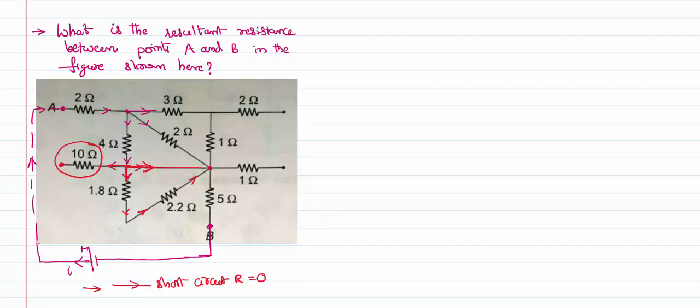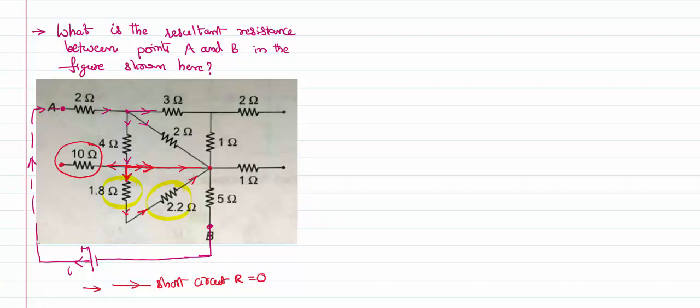That means the entire current travels this way, but no current travels through this 1.8 ohms and 2.2 ohms. That means these two resistors are also redundant in the circuit. They are not actually having any flow of current. That's the beauty of the problem. That's the point that we need to understand.